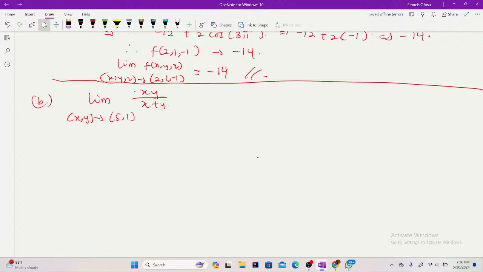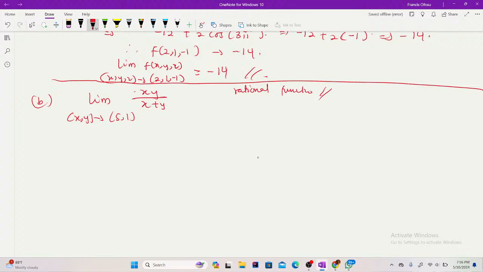I have xy over x plus y, so it's a rational function. Always take note, it's a rational function. Once I have this quotient, the very first thing to do when finding your limit is to put your functional value in it to test for continuity.